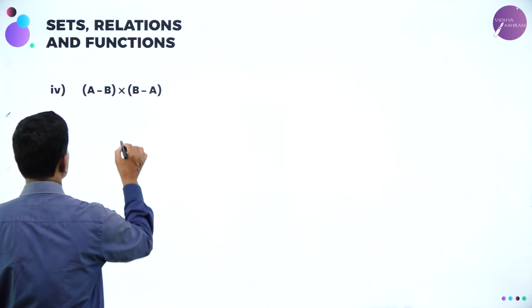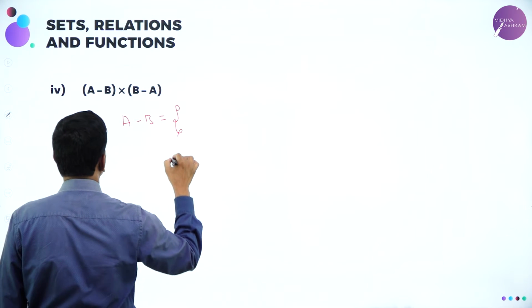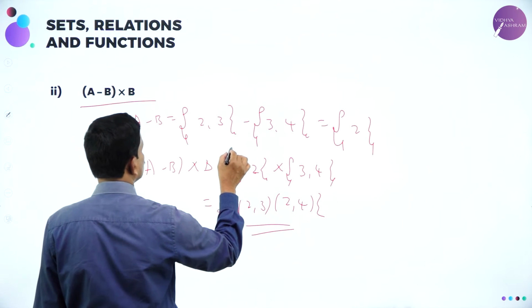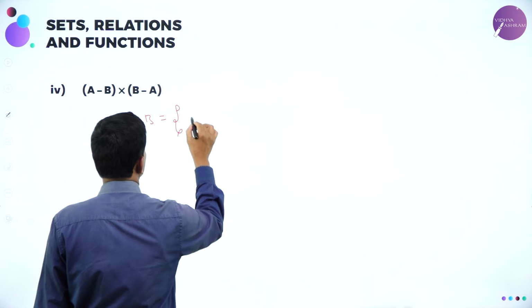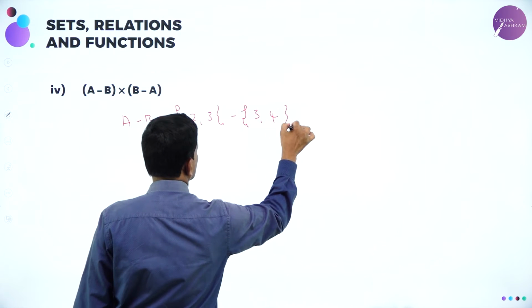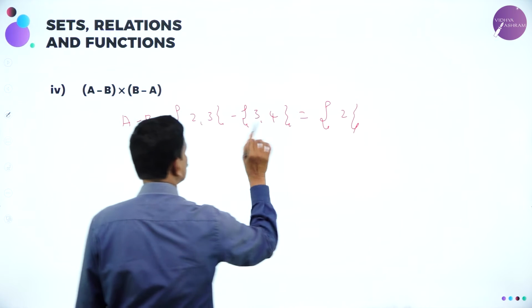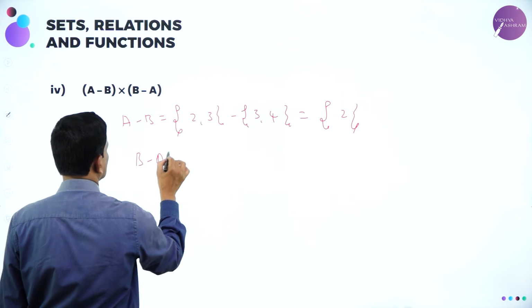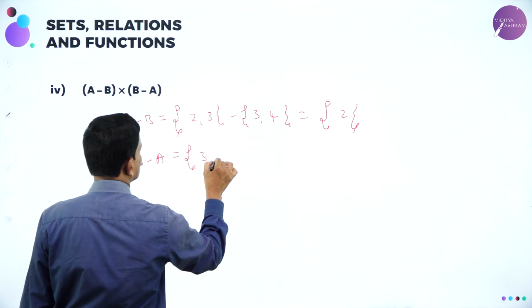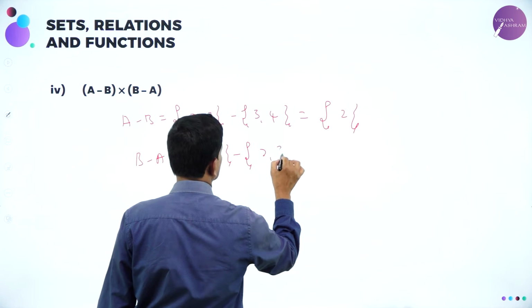Now let us come to the next one, (A − B) × (B − A). A contains 2, 3 and B contains 3, 4. A − B means all the elements which are in A but not in B, which is only the element 2. Next, B − A: 3, 4 minus 2, 3.